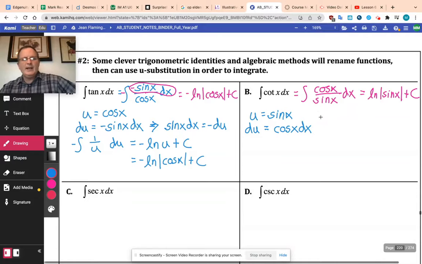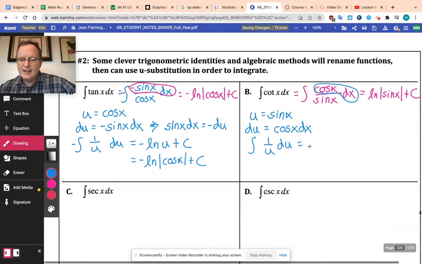Sweet. And so once again, the cosine x dx is du, and this will be u. So we can make a direct substitution. We've got 1 over u du. Du replaced all of that, and then we're good to go.